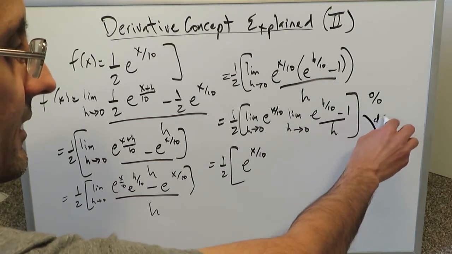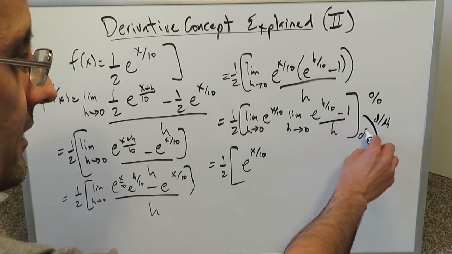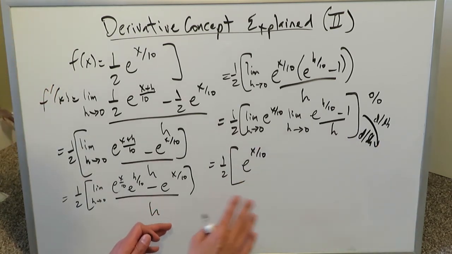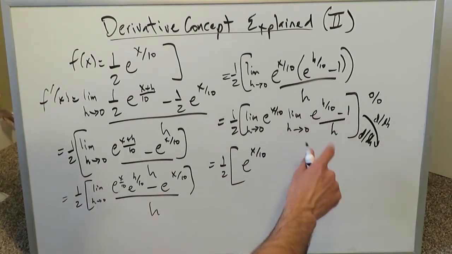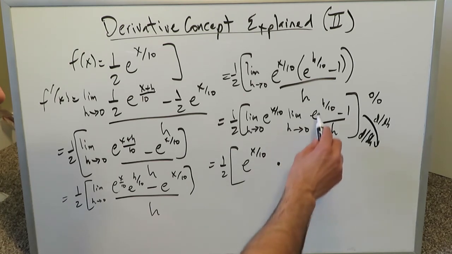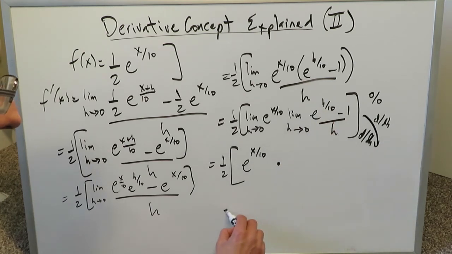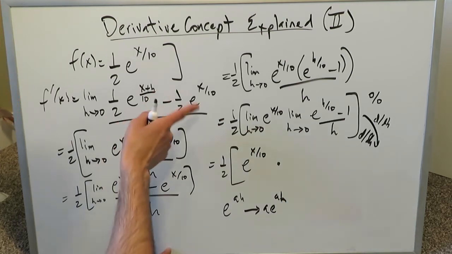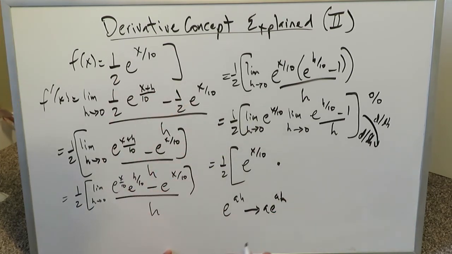You do the derivative with respect to h in the numerator, and you do the derivative with respect to h in the denominator. And this is why I showed you that little derivation procedure, because anytime you do the derivation of this, you basically have something which looks like e to the a h, which you know in terms of the derivative procedure would be a e to the a h, because I've shown you this and I've derived this for you before we even started this procedure. That would be in the numerator.